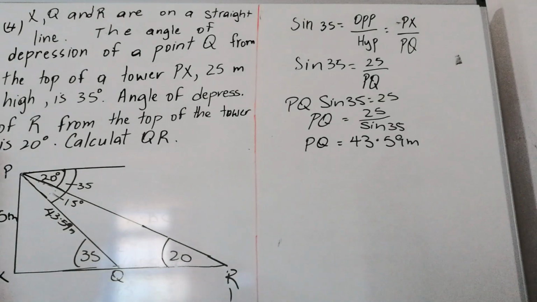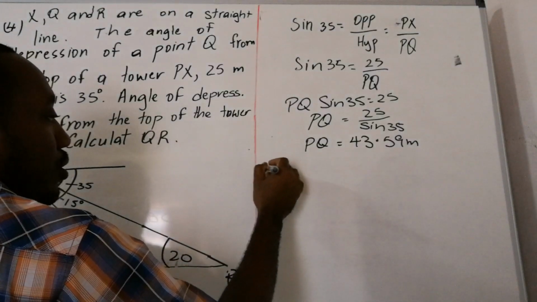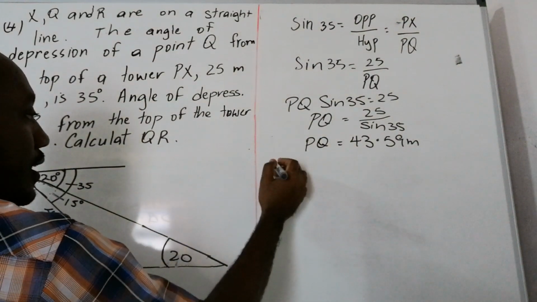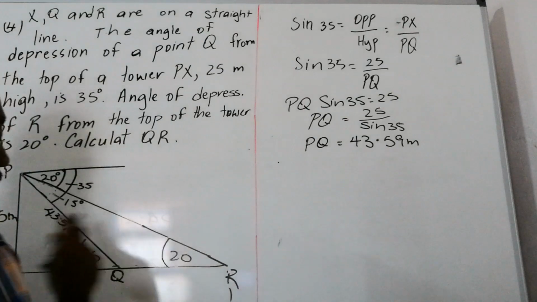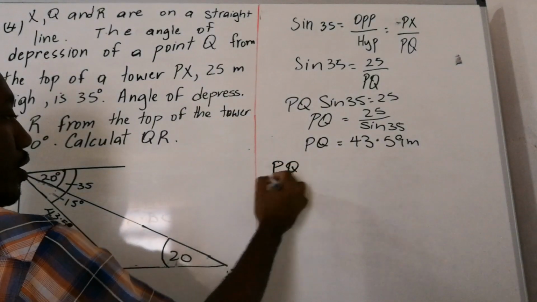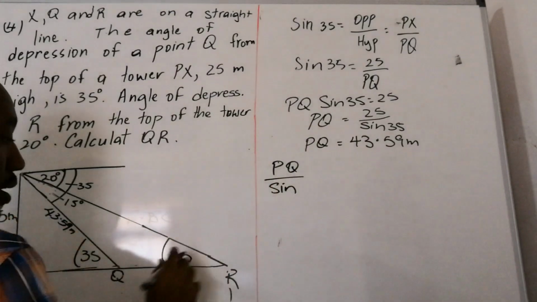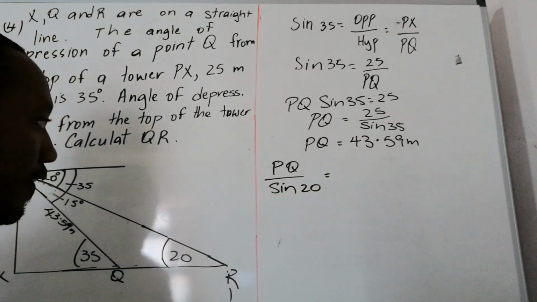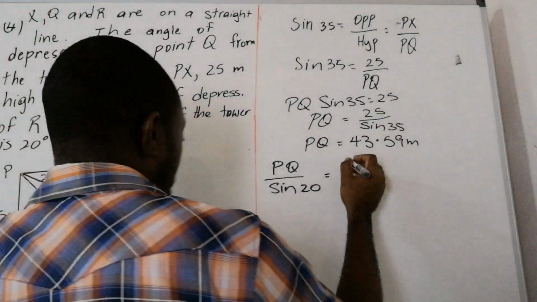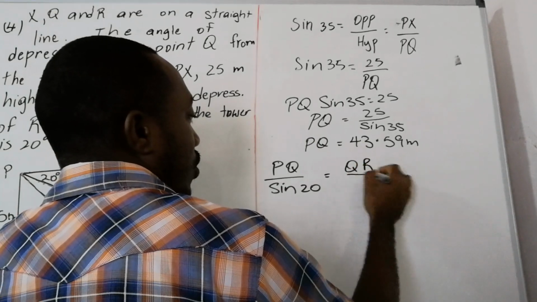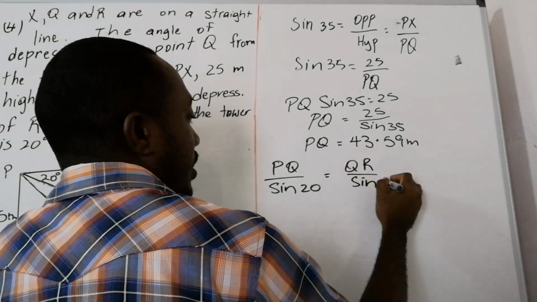All right, and this is where we use the sine rule. Remember the sine rule. If we want to find a side, in this case it will be the given side, which is PQ. We know PQ over sine 20 is equal to QR over sine 15.